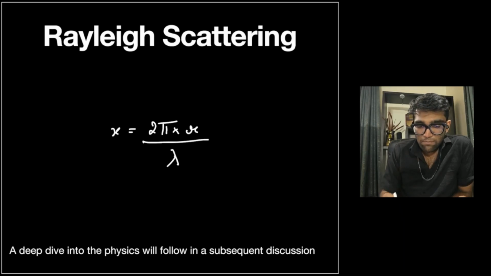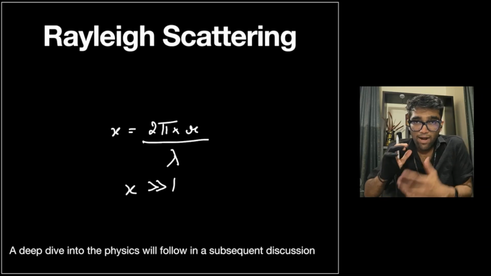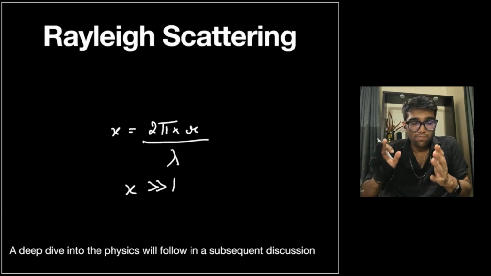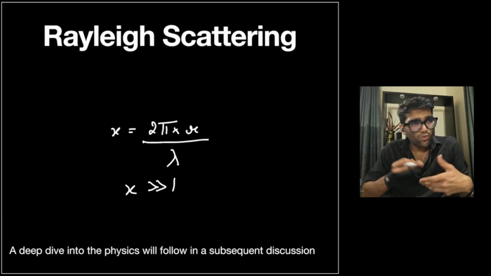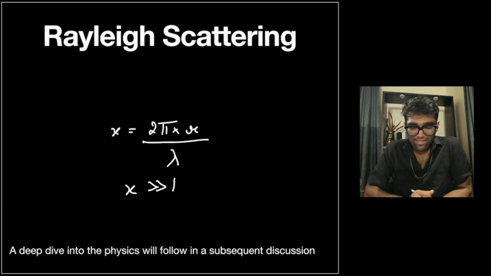So as you can see, the first scenario is when x is much more than 1, that is, the particle size that is scattering the light is much larger than the wavelength of the light, and that is your routine scattering, the scattering that you see in day-to-day life.